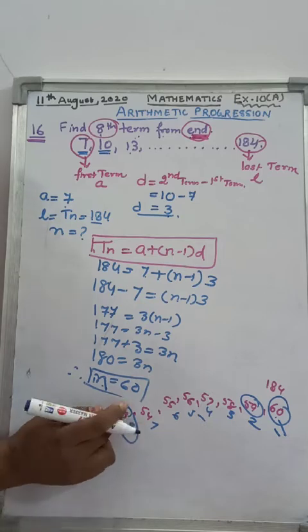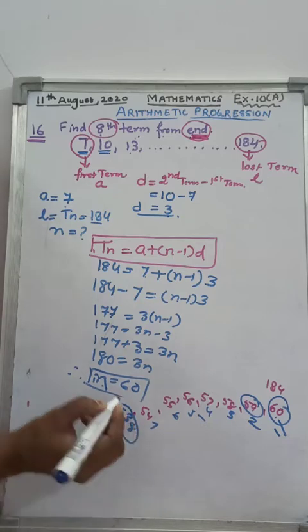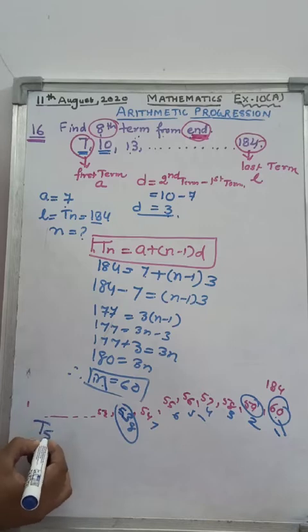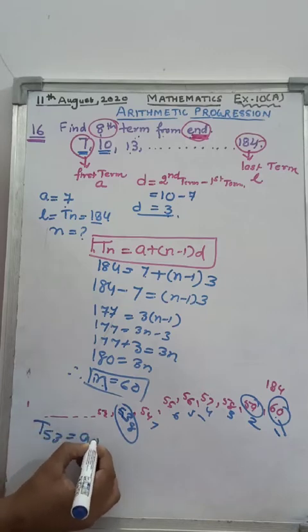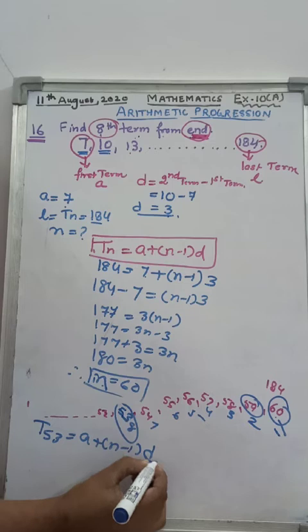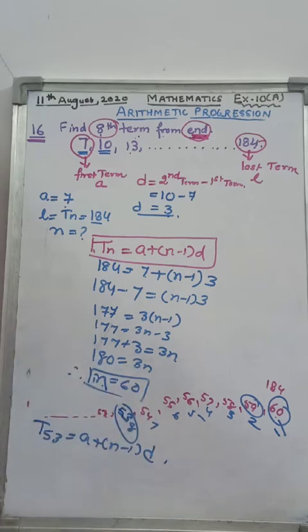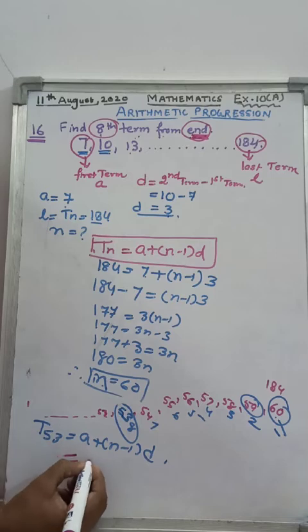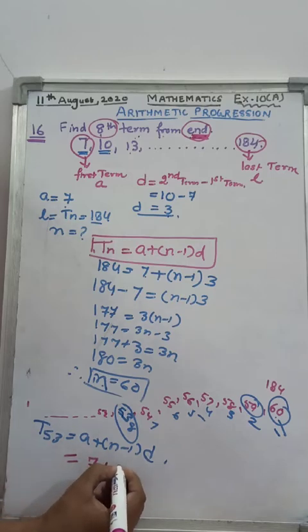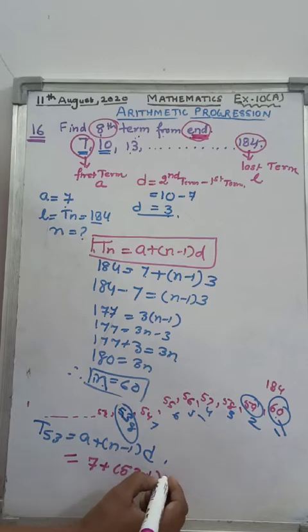That means which term you have to find? The 53rd term. So T53 we have to find. A plus n minus 1 into d. Now we will substitute the value. A is given how much? 7, plus n is 53 minus 1. D is 3.